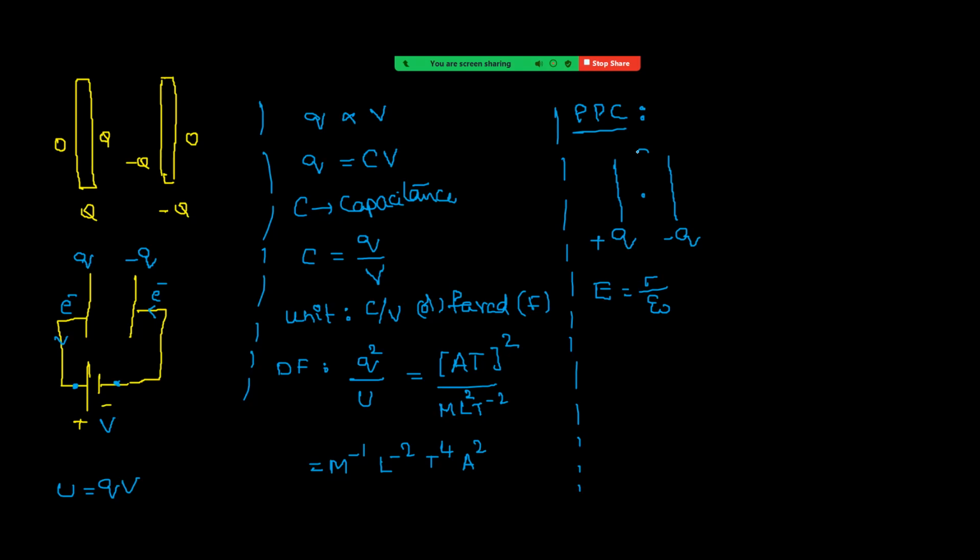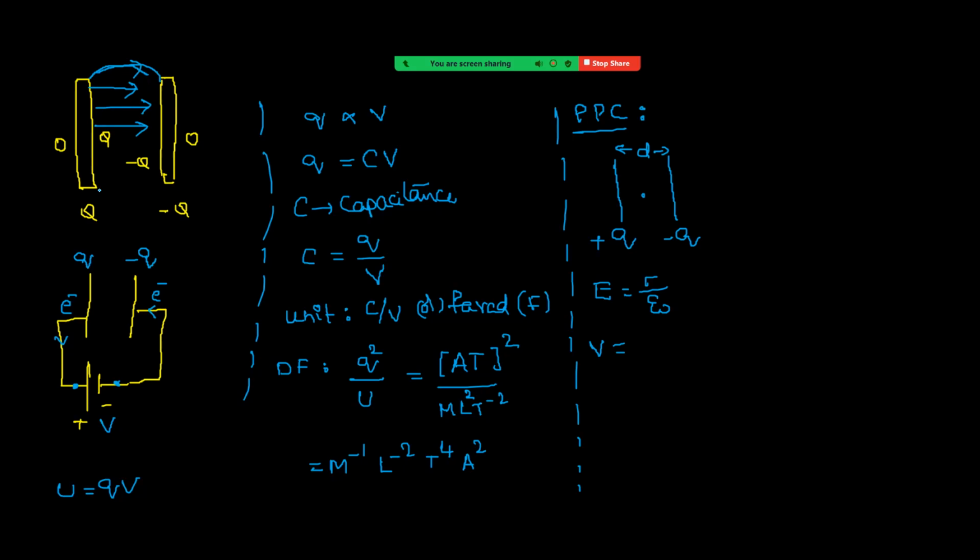Suppose the separation between the plates is D. Here the field is uniform, which means field lines are parallel and equispaced. We take one assumption: at the edges the field is actually curved and not uniform.